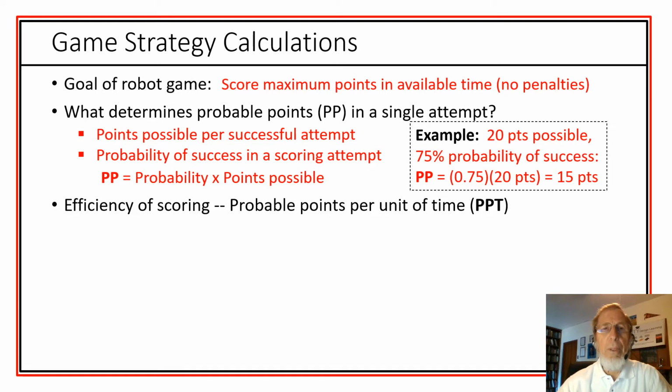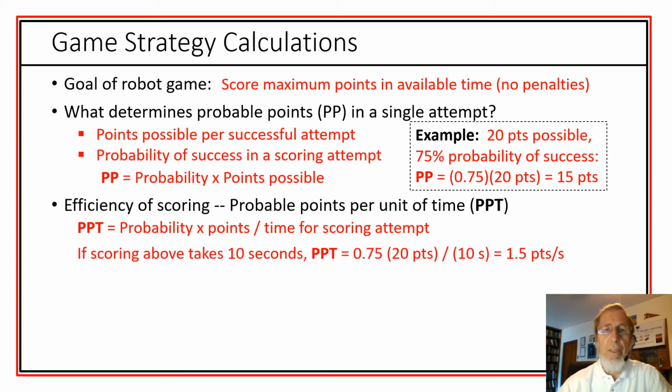Another important parameter we calculate is the probable points per unit of time. The probable points per unit of time is the probability of success times the possible points divided by the amount of time required for that scoring attempt.